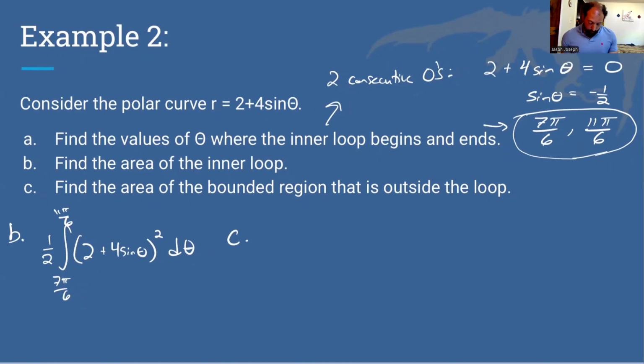So it's a big, I don't know what's big or small, but both loops together is, we said, minus pi/6 to 11 pi/6 and the same function.